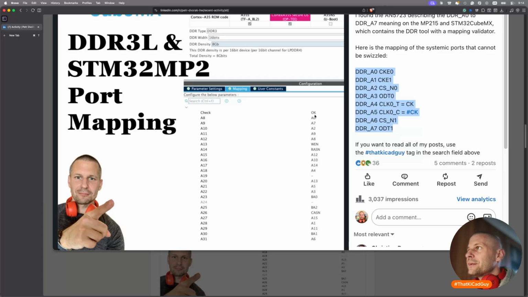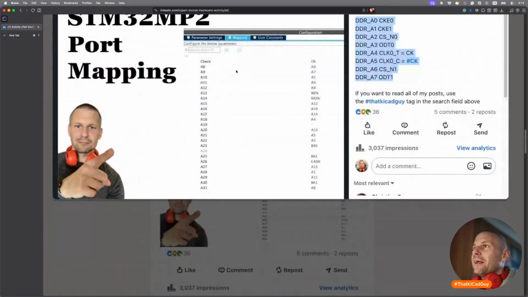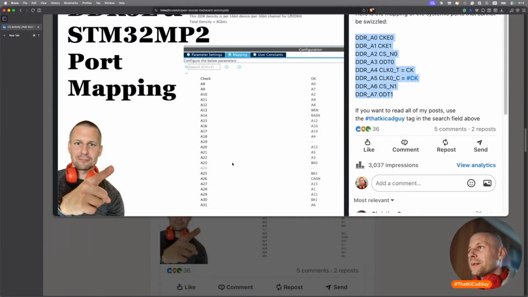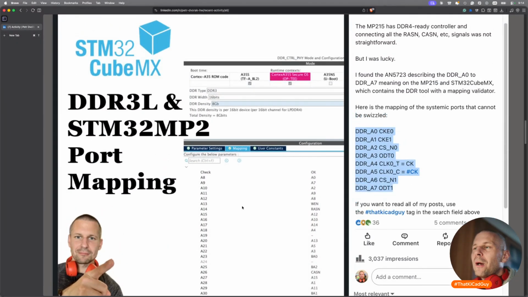So I connected A2 to A7 according to the guideline in the PDF, AN5723, and then I connected the other signals from the example. I think I used the default mapping from the STM32MX.